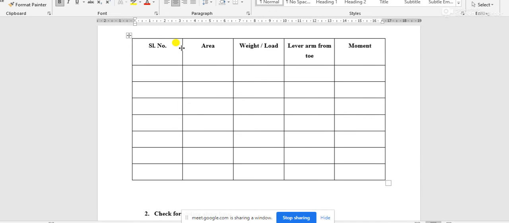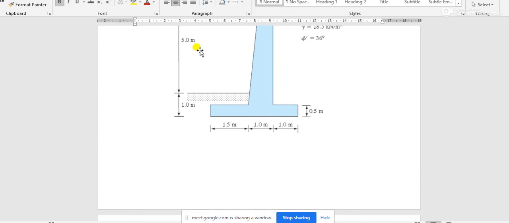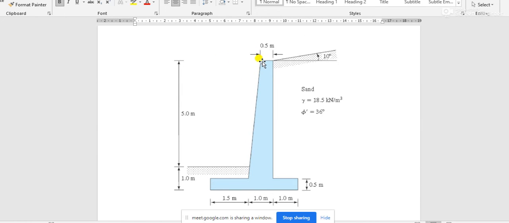Okay, now if we want we can divide this retaining wall into two parts, one rectangle with width 0.5 meter, one triangle with base 0.5, because the top thickness of the retaining wall is 0.5 and the bottom thickness is 1 meter, that is given. Then the base of the triangle would be 0.5 and the width of the rectangle would be 0.5.